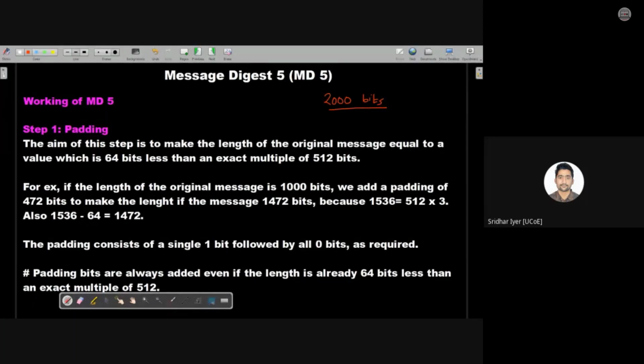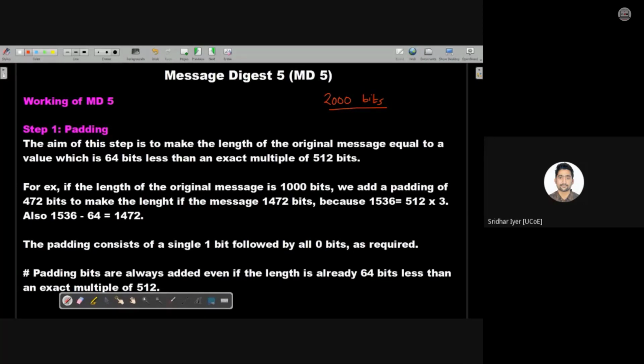Jyoti, how come two? Jay says 4, Harsh 4. Jimit is saying 3. Nayan, Simran, Dhruv, you all are saying 4. You tell me, it is 512 bits, each one should have 512. So if you do 512 into 3, how much will it come to? It is obviously less than 2000.